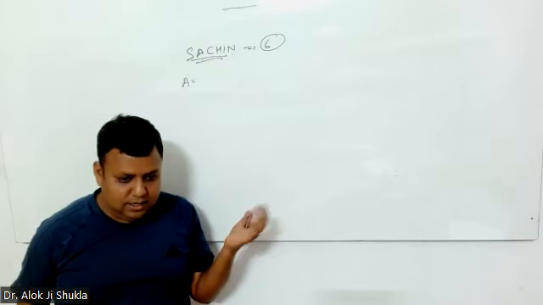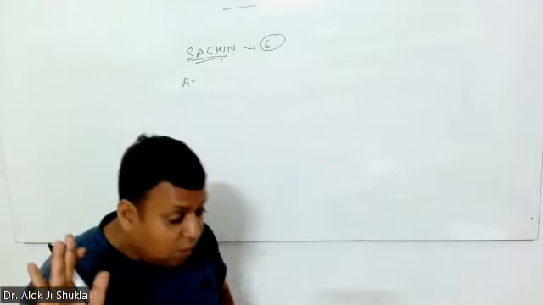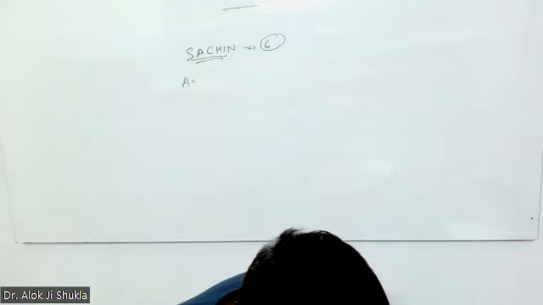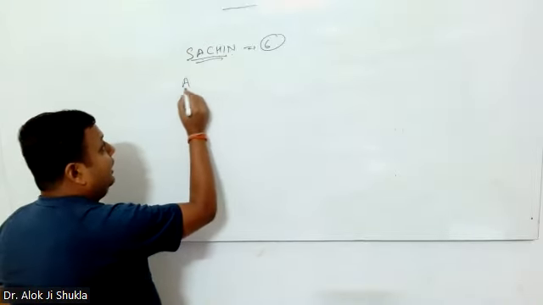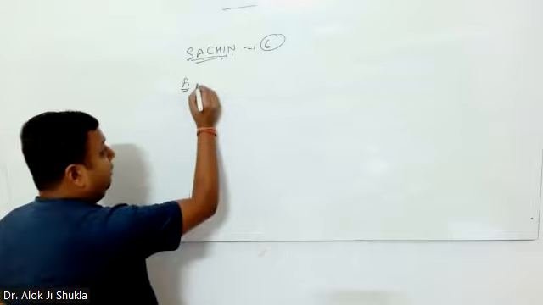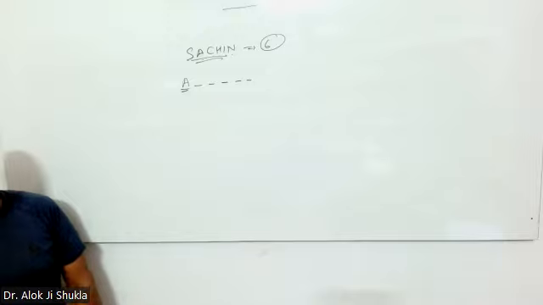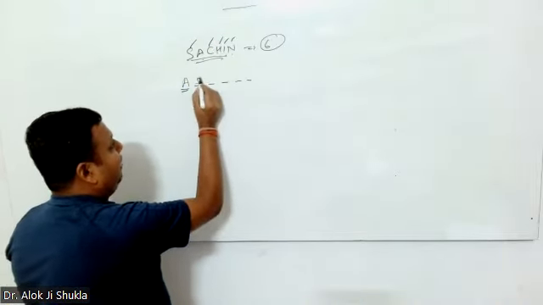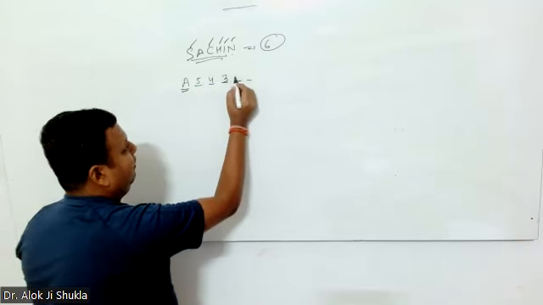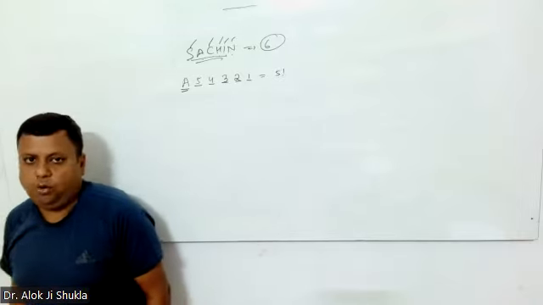Not 2 factorial. Once I have decided that I will put A at the beginning, I have to put 5 more letters: S, C, H, I, N. So I have 5 ways over here, 4 ways over here, 3 ways, 2 ways, 1 way. So the total number of ways is 5 factorial.